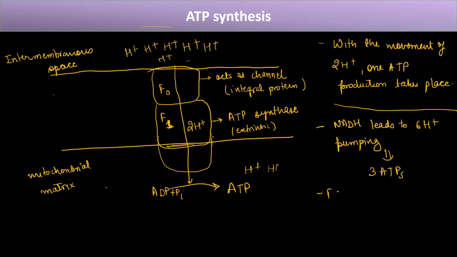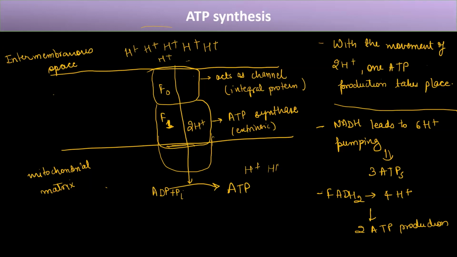And for FADH2, what can we write? FADH2 leads to 4 H plus ion pumping, and that will ultimately lead to 2 ATP production. So this is what I was saying, and this is how it gets proved. Okay. So what is happening here?